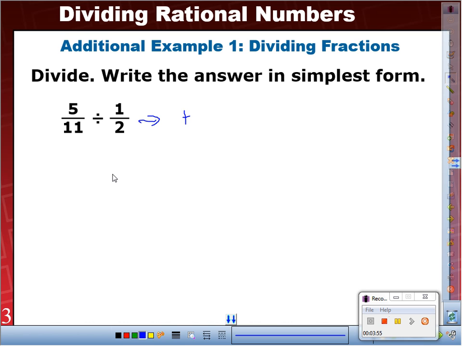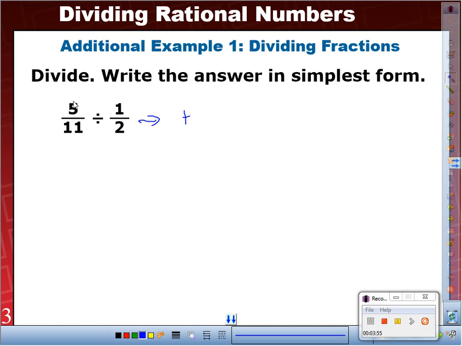Step 2. No, you missed something on step 2. Okay, go ahead, Ariana. Multiply the first fraction by the reciprocal of the second.